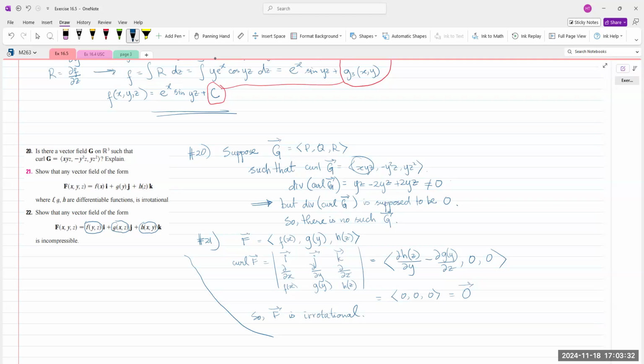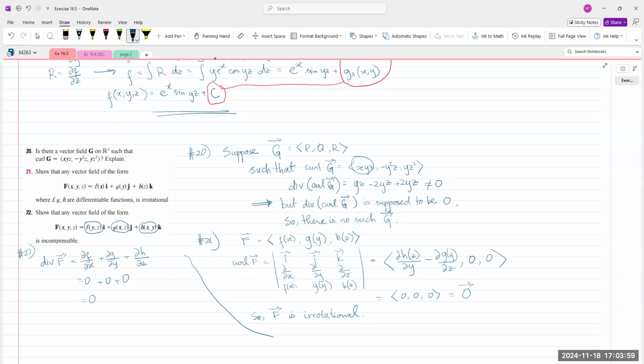Then you will see the divergence of F: the partial of f with respect to x will be 0, the partial of g with respect to y will also be 0, and the partial of h with respect to z will also be 0.